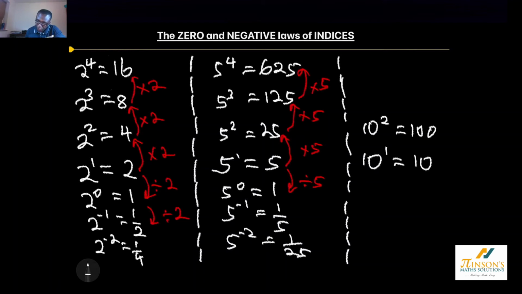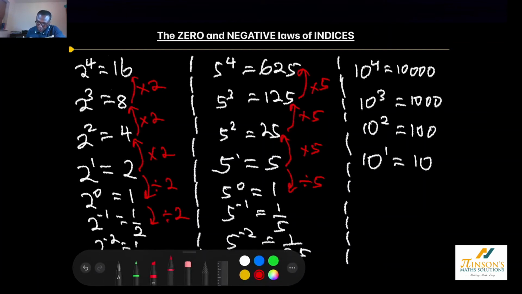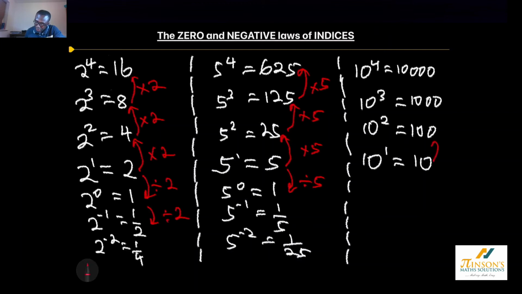We know 10 cubed is 1000, and we know 10 to the power of 4 is 10,000.